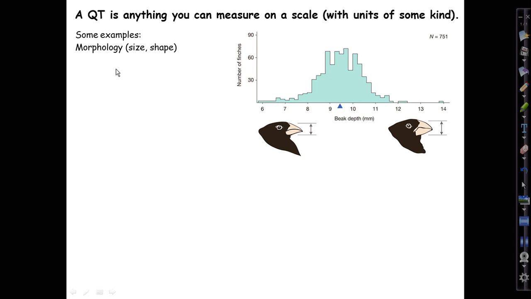Examples abound. Morphology, of course, like human stature, so the sizes and shapes of anything. The beak depths of Darwin's finches are perhaps the number 2 classic quantitative trait.